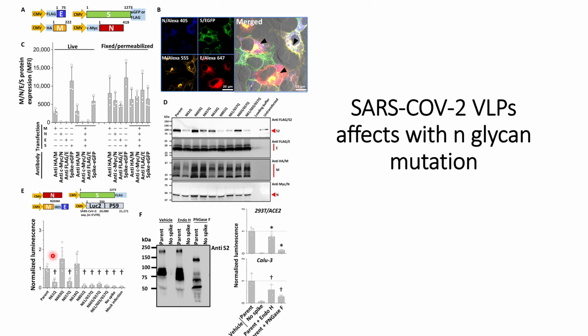What they found this time is that the luminescence of N603Q is increased and N616Q is increased, whereas N61Q and N657Q are reduced, and in all the other cases the expression of the spike protein is also reduced.